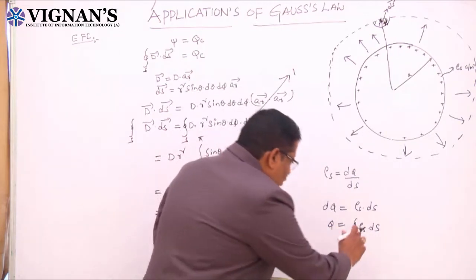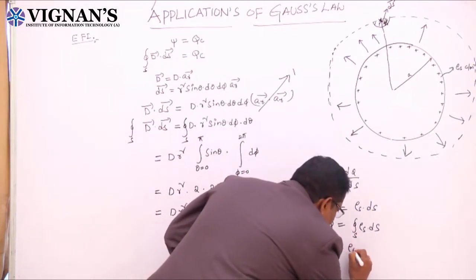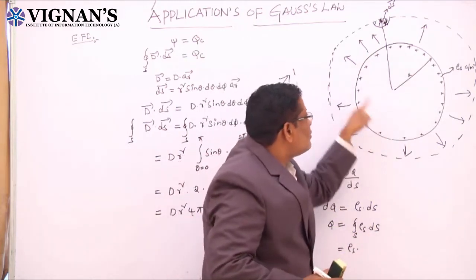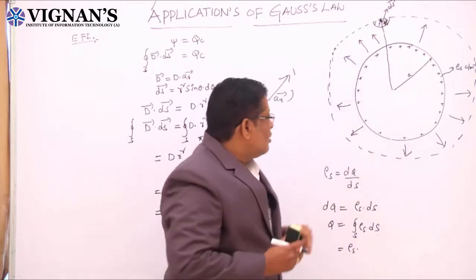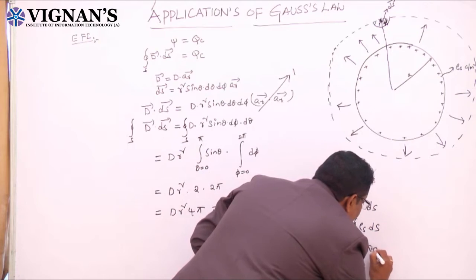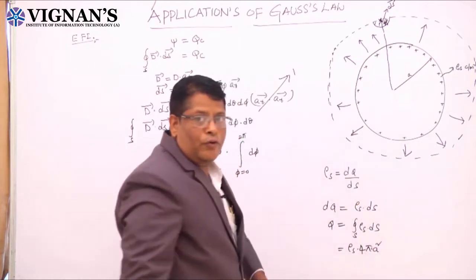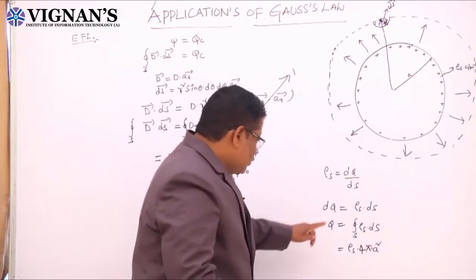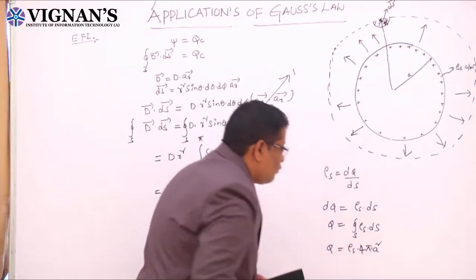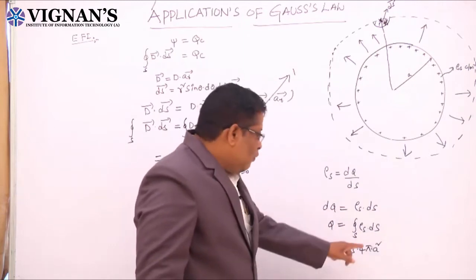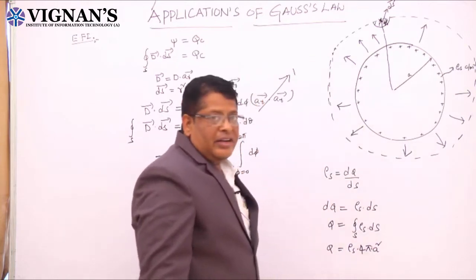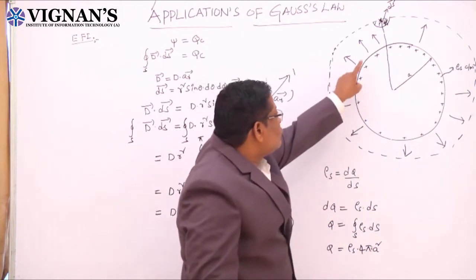Now this rho s is taken outside, and the integral of dS is nothing but the surface area of this shell, that is equal to 4 pi a square. So Q equals rho s into 4 pi a square, where 4 pi a square is the surface area of the sphere. This much charge is placed on this sphere.